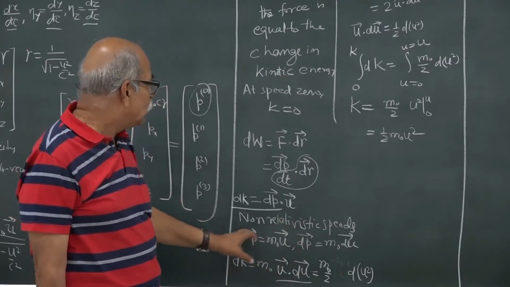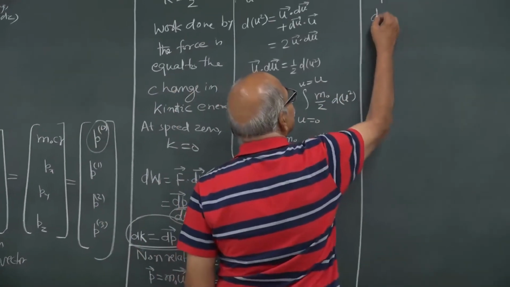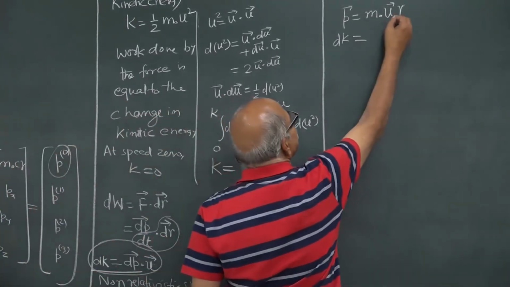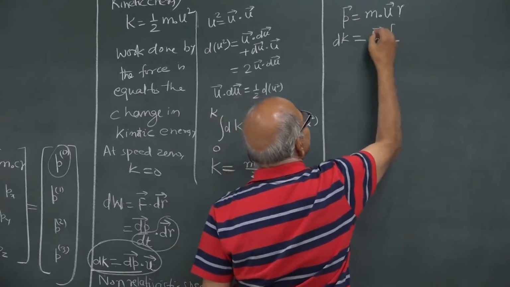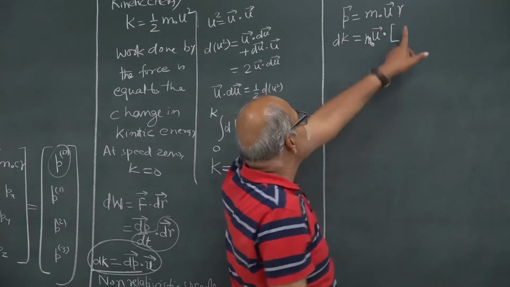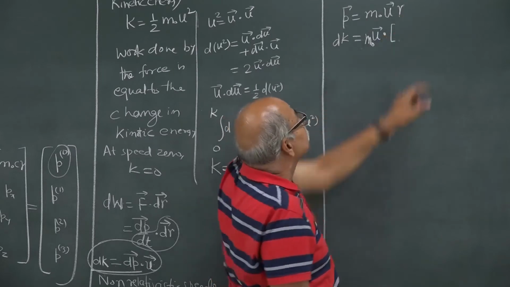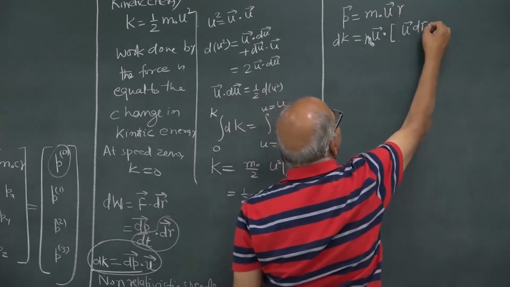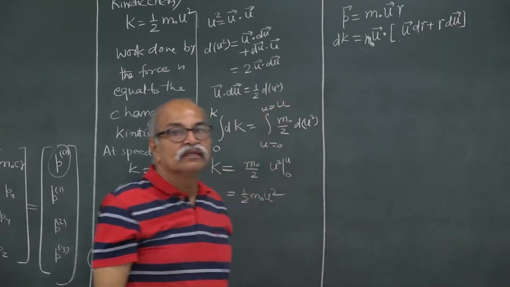Okay. So, we pick up from here, dK is equal to dp dot u, so let me write u dot dp, and what is dp? dp is m naught, constant, so I can write m naught here, and here u and gamma are both there, again there is a product, and therefore it will be u d gamma plus gamma du, right.